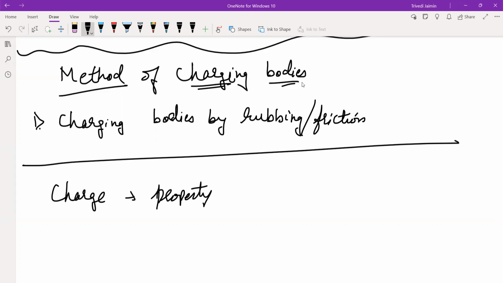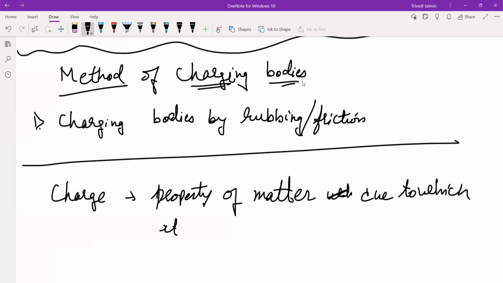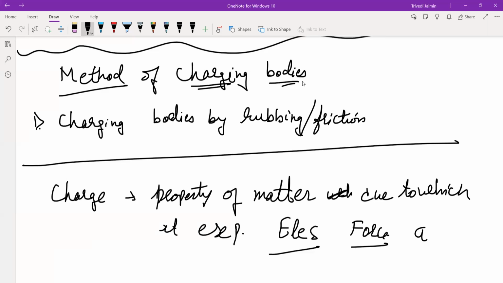Property of matter due to which it experiences electrostatic force, for attraction and repulsion.